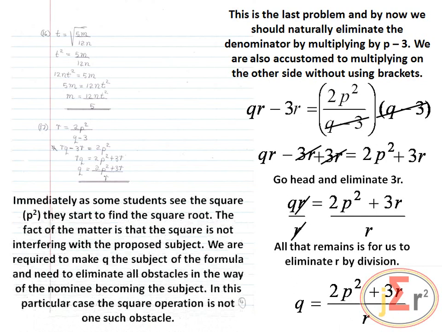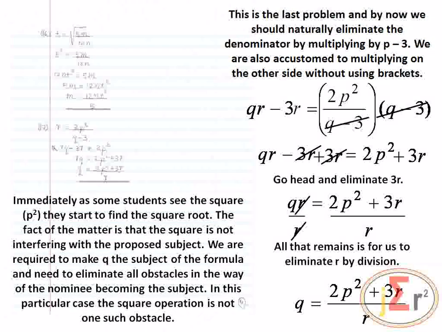But what do we know? Immediately as some students see the square, which is the p squared, they start to find the square root. The fact of the matter is that the square is not interfering with the proposed subject. We are required to make q the subject of the formula and need to eliminate all obstacles in the way of the nominee becoming the subject.